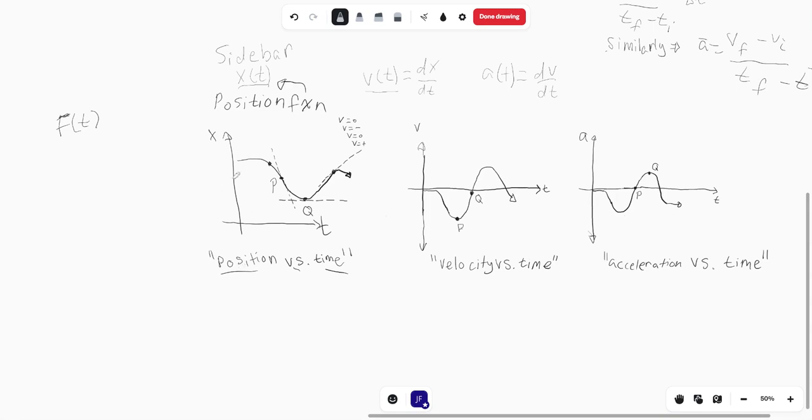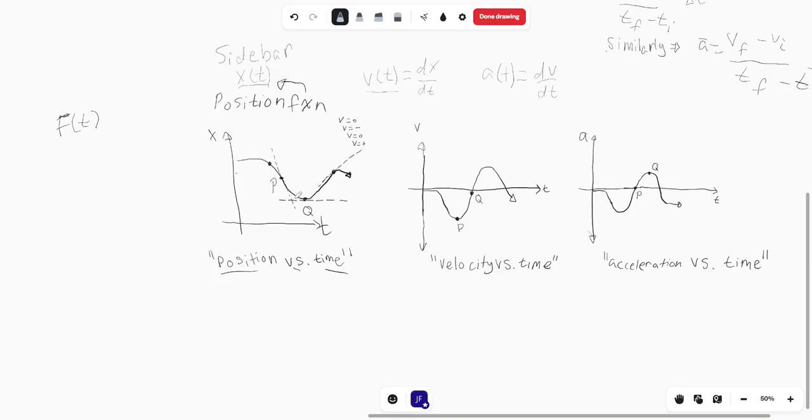This graph shows us the position of, say, an object versus time. As time progresses, where is this object in terms of its x-coordinate? Starting at time 0, we're at a pretty high x-coordinate. We stay at that x-coordinate, then start to drop down. We have a negative slope at point P, as illustrated by this dotted line here.